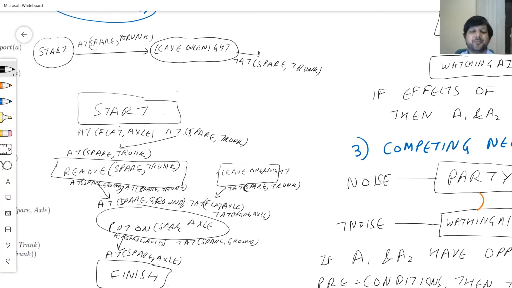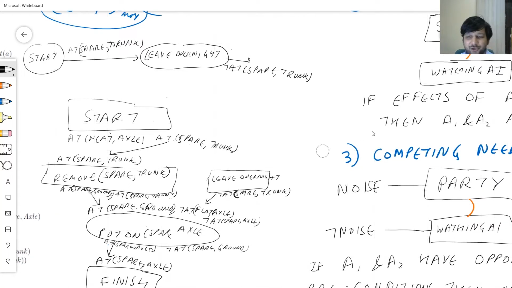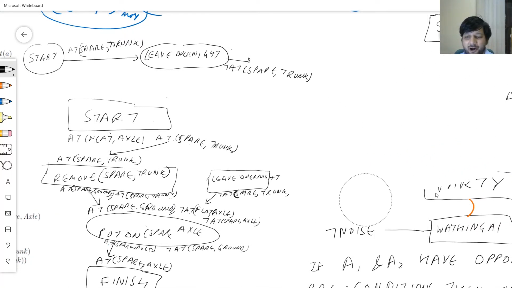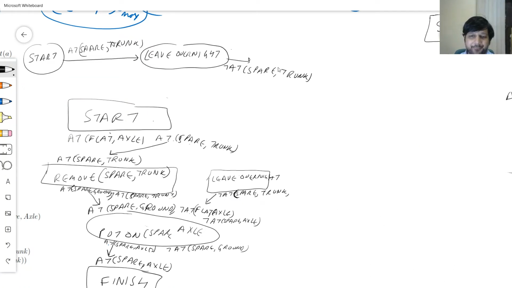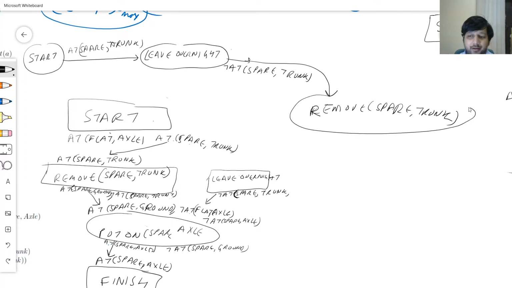In any case, I cannot say put on because remove needs to be done before put on. So now I apply the third action, which is of course remove spare trunk, and this has its precondition as at spare trunk.